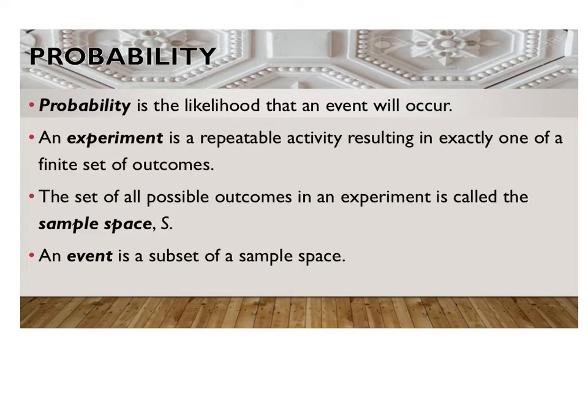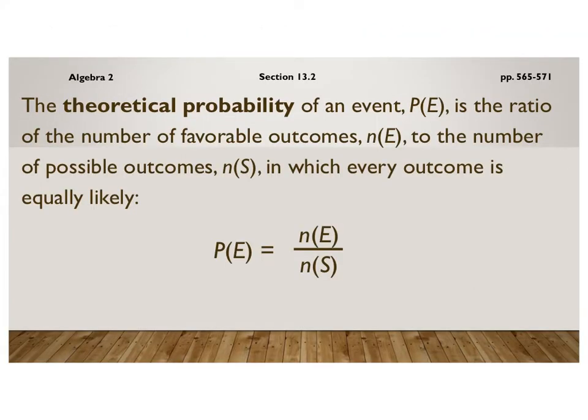The set of all possible outcomes of an experiment is called the sample space, or S. An event is a subset of a sample space. So one possible outcome is an event. All right, the theoretical probability. Now, I want you to remember this terminology because there's a difference. We'll also be talking about experimental probability, which is very, very different.